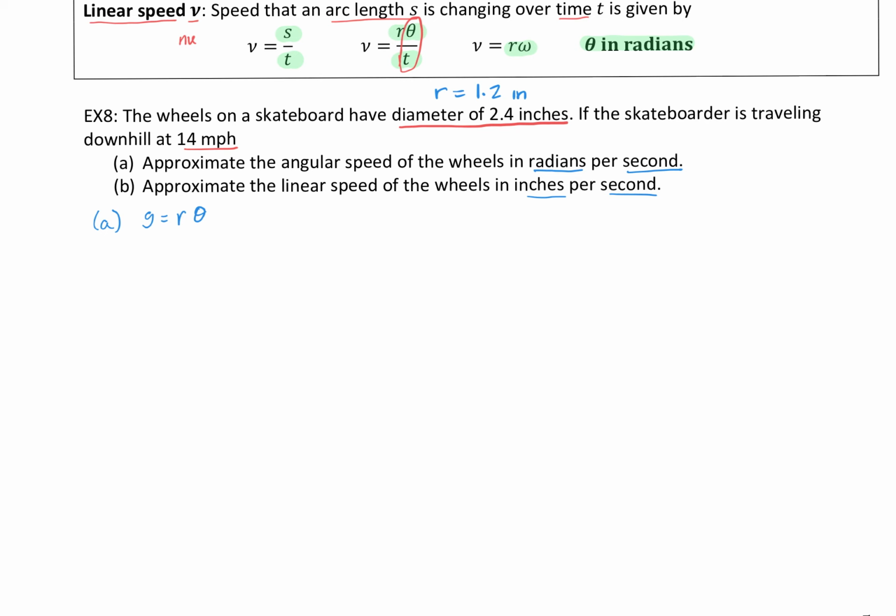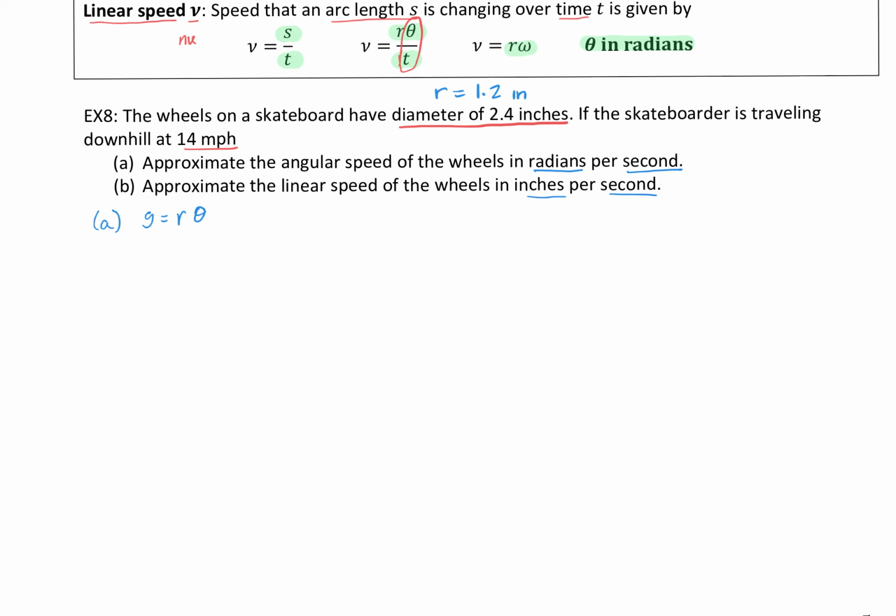Imagine if you had a wheel on a bicycle and you took some bright red chalk and you rode the bicycle. You would get a line on the pavement. So that arc length around your tire is the same as a distance traveled. So we do have 14 miles.